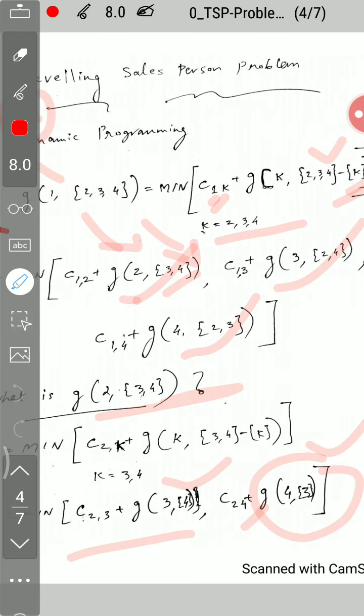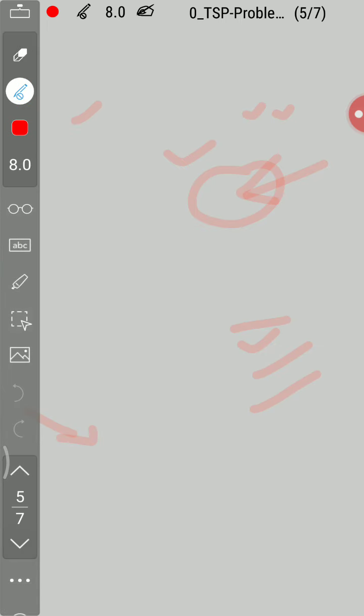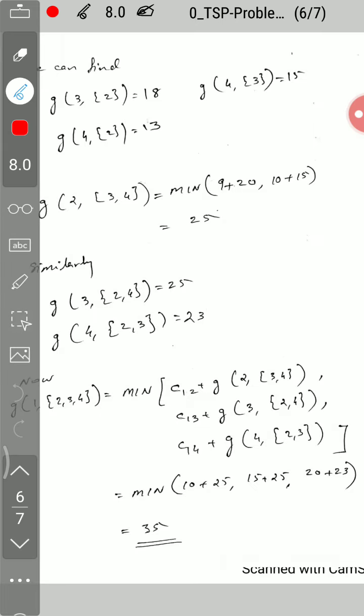And you have to calculate g(4, {3}) also here. In a similar way you can calculate g(4, {3}); 4 comma 3 is 15. Similarly you can calculate g(3, {2}) and g(4, {2}). For 3 comma 2 you will be getting 18, 4 comma 2 you will be getting 13.